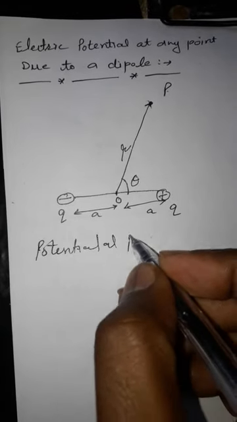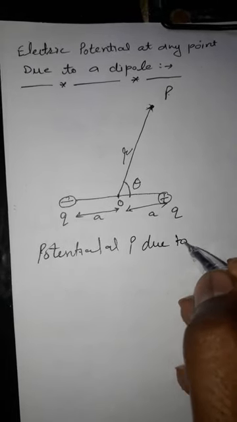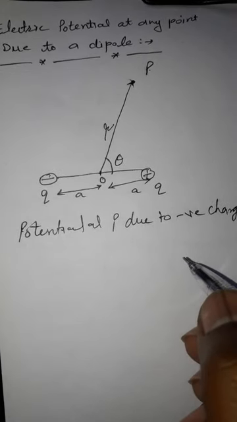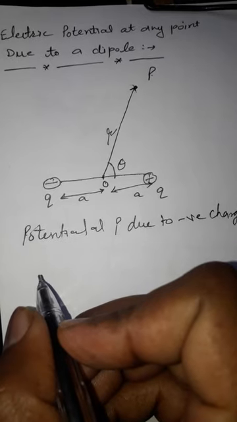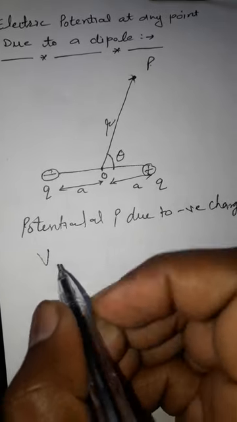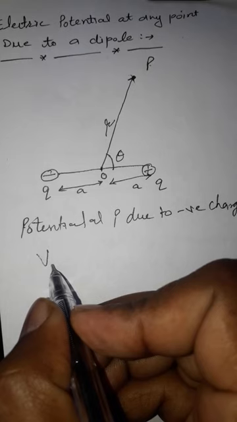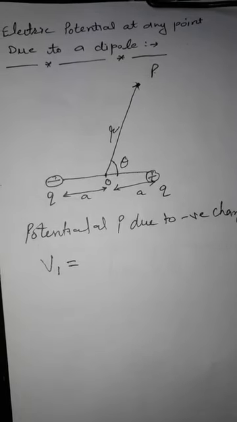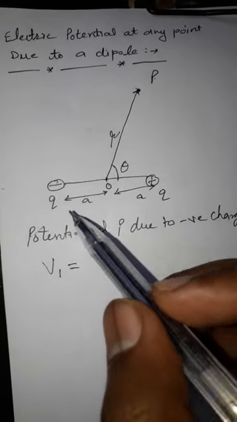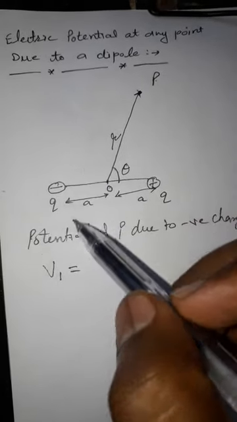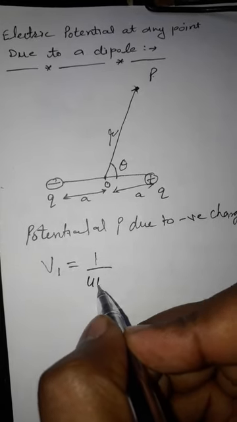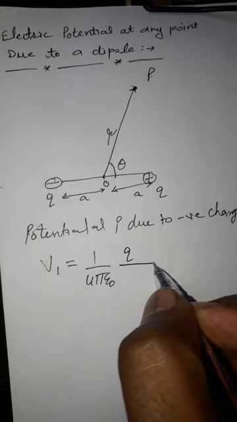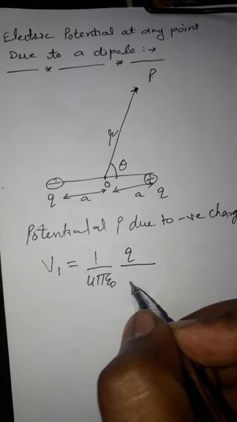So if we calculate the potential at P due to the negative charge, say it is called potential V1. So V1 is given by 1 by 4 pi epsilon naught times q upon the distance between the charge and the point.